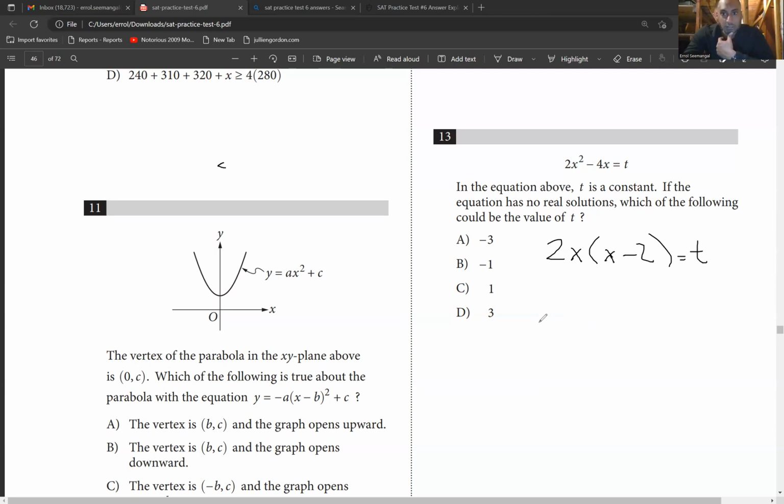Okay, so this is a parabola, right? Yeah. It's a parabola that opens up. If it opens up and it has no real solutions, it means the vertex has to be above the origin. Above 0, 0? Yeah. Okay, so there's your 0, 0. So you mean it could be here?